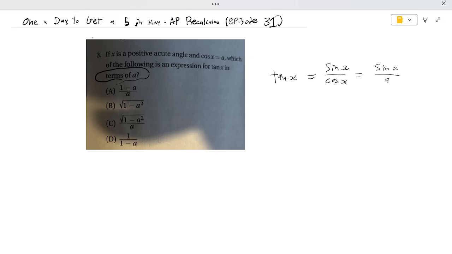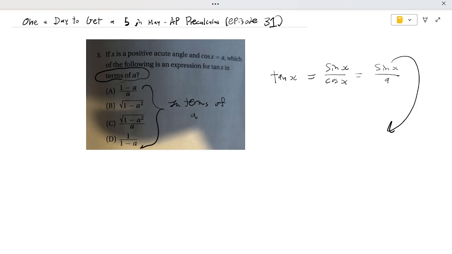And if you look at all our answer choices, these are all in terms of a, right? So we want to get sine x in terms of a, so we can have the full expression be in terms of a. So we know that cosine of x equaled a.